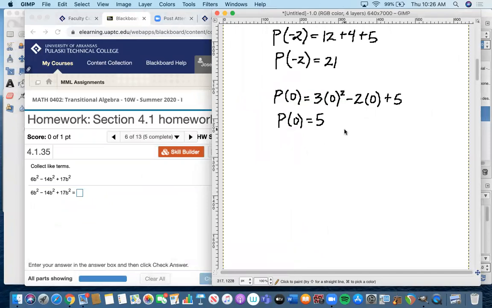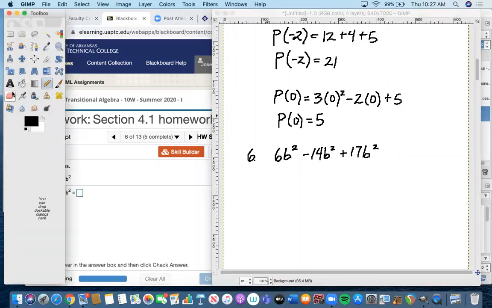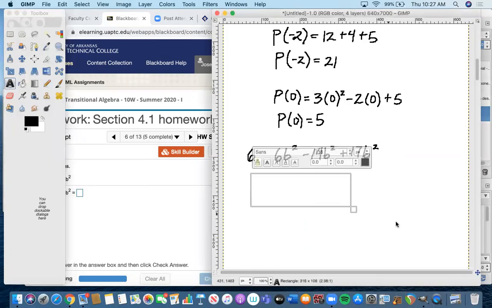When we collect like terms, we're looking for the terms that have the same variable to the same power. 6b squared minus 14b squared plus 17b squared. A lot of y'all probably are going to find this familiar, but let me just write the rule here.